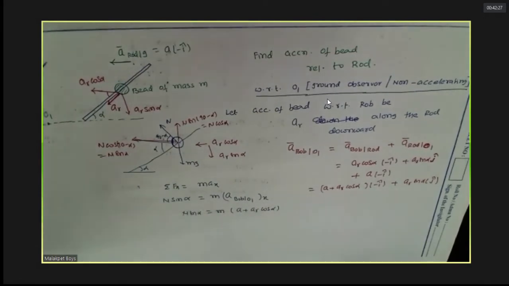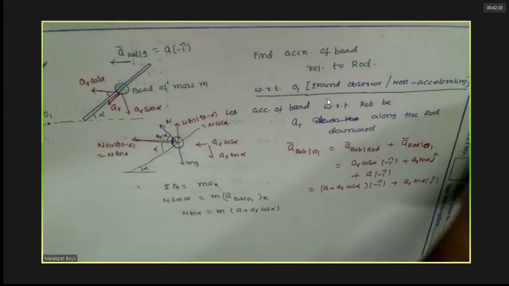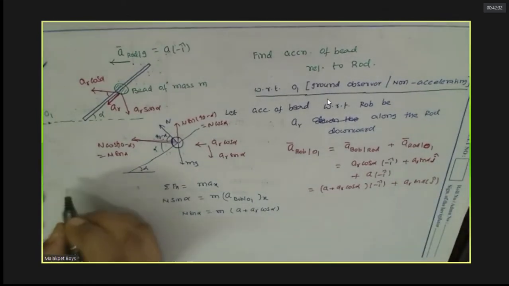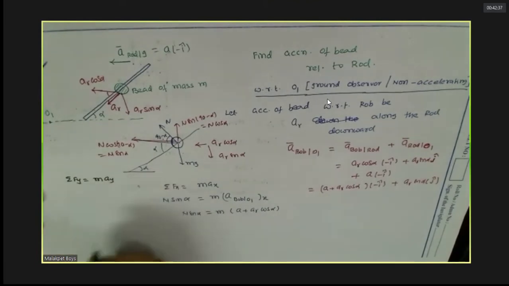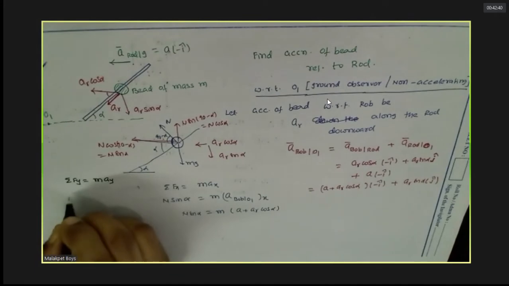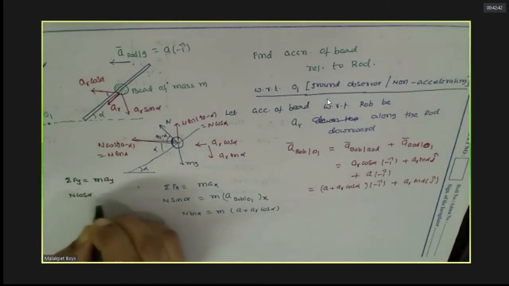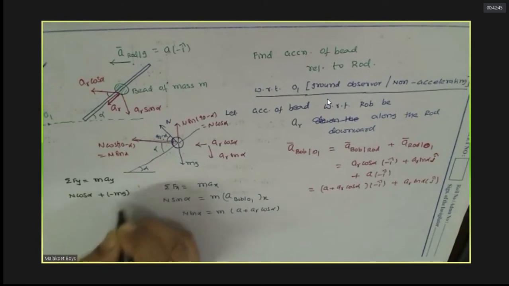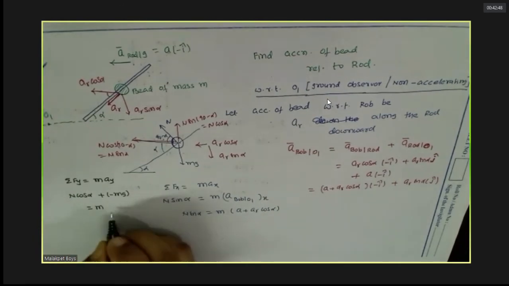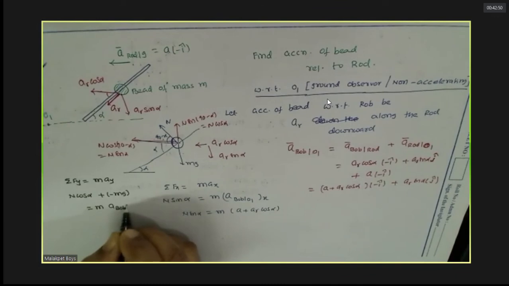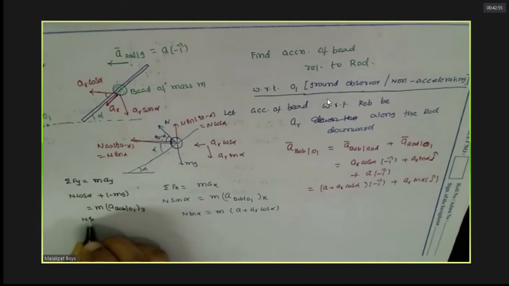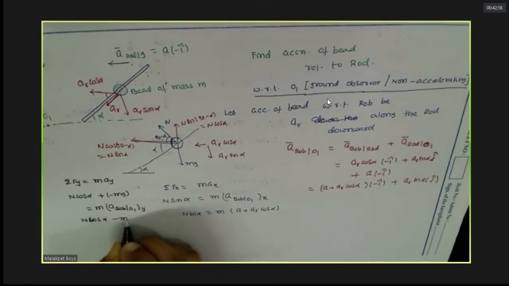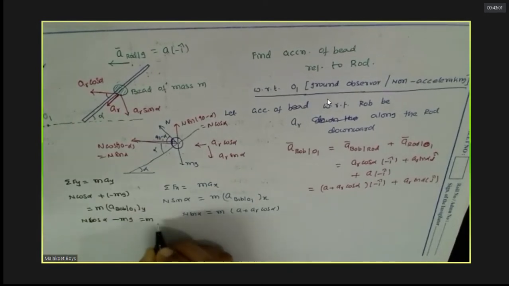Also again he writes sigma Fy equals may. What is sigma Fy? N cos alpha minus mg is m into acceleration of bob with respect to O1 in the y direction. N cos alpha minus mg is m into AR sin alpha.